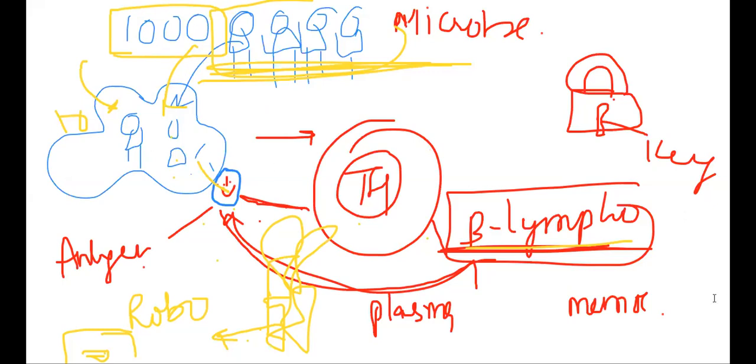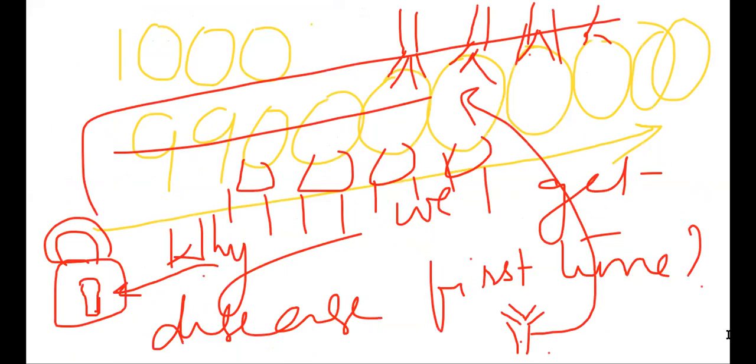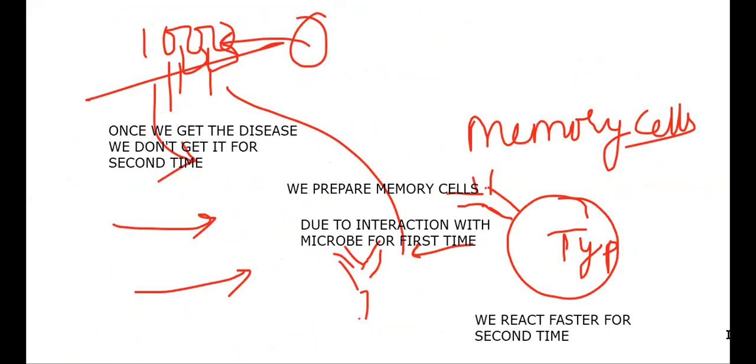In another case, he is able to kill only some 100 of the 1000, and the remaining 900 multiplied, so he got it for the first time. But you can see that for the second time he doesn't get it. That means from person to person, the reactive immune system activity is going to be different, level-wise, stage-wise.